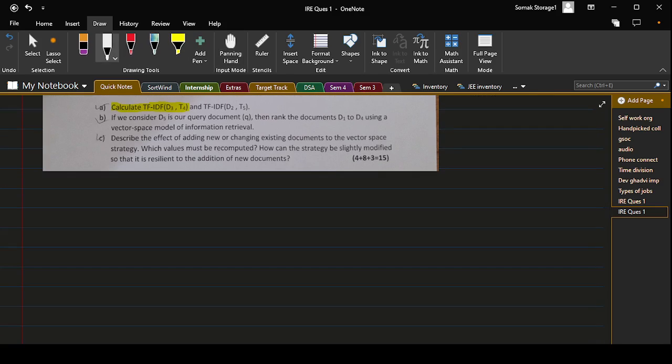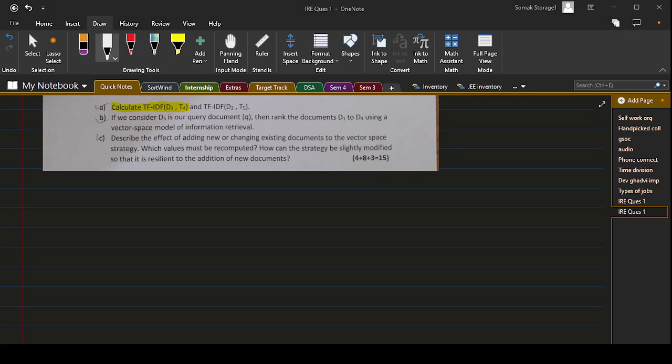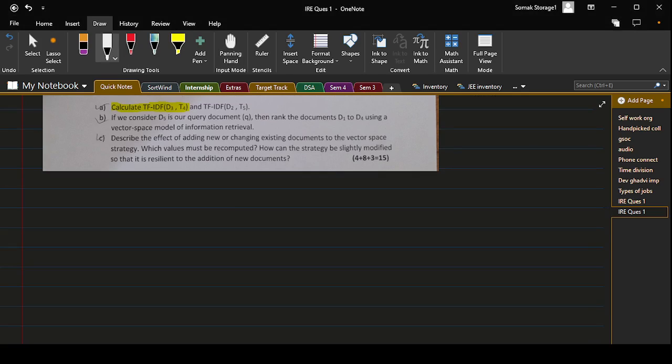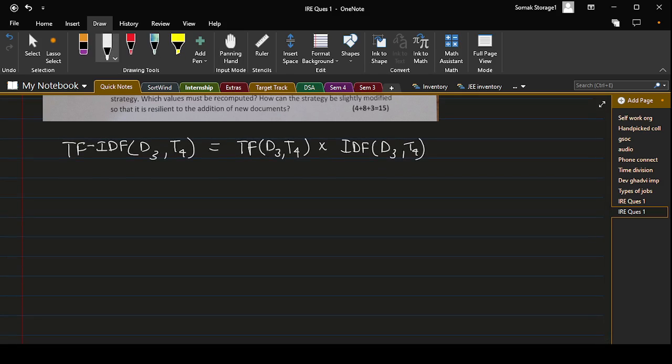So if we just go into the question, it says TF IDF for D3 D4, right? So for that, what do we need to calculate? We need to calculate first TF of D3 D4 and multiply by IDF of D3 D4. Now, what is this D3 D4?